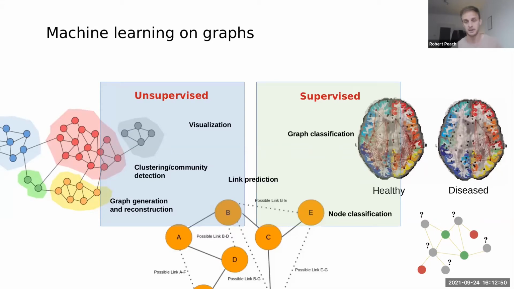So we might have the ground truth information about particular nodes in our graph, but we want to be able to predict the class of unknown nodes in our graph. So there are lots of different ways that you can view machine learning with graphs. It very much depends on your problem, and there are lots of different methods that approach these different problems from different angles.